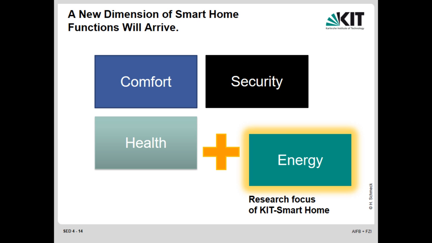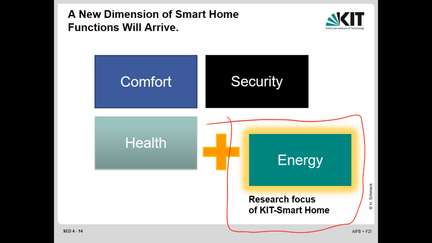So now we look at energy consumption, and so many things change there. In particular, we look at the ways we can control the energy consumption with technologies that we know from smart home. We have to communicate inside the house and things like that. So this is what we focus on in our KIT smart home, and also in other scenarios. We don't consider that much comfort, security, and health.